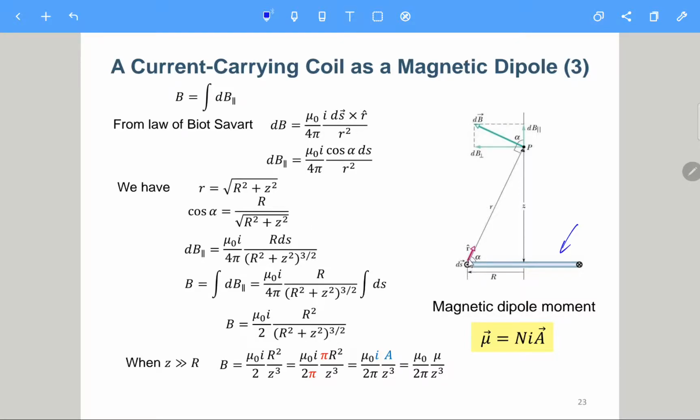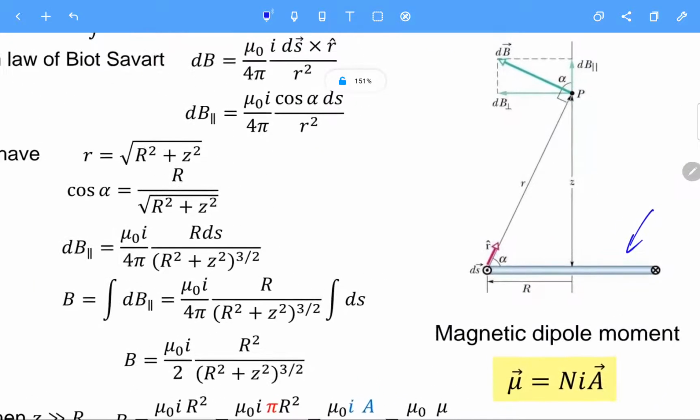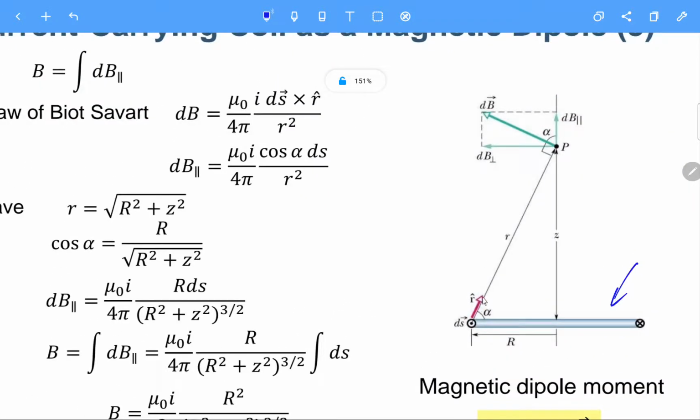So now we have ds at this point going out of the page, and then r should be from this point to the point P. So r hat is in this direction, and then ds pointing out of the page, and then what we want to find, the direction of dB, should be ds cross r hat.